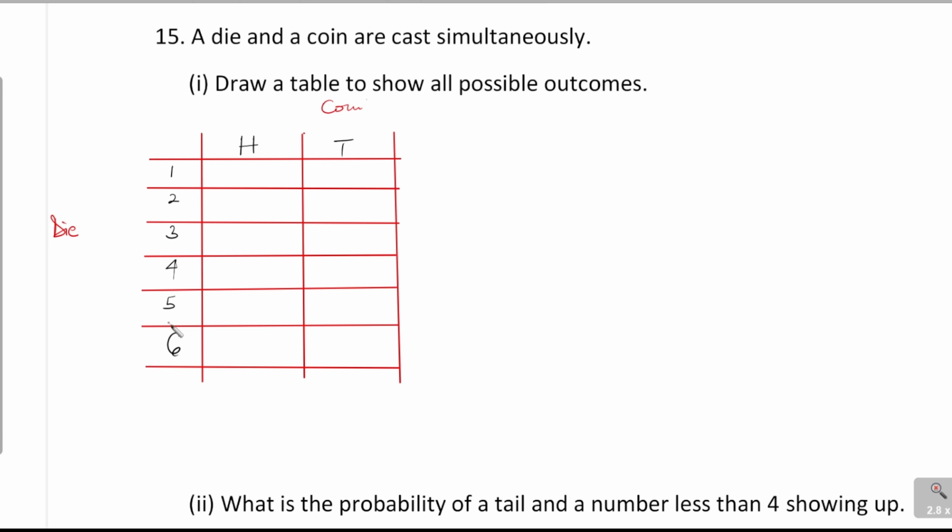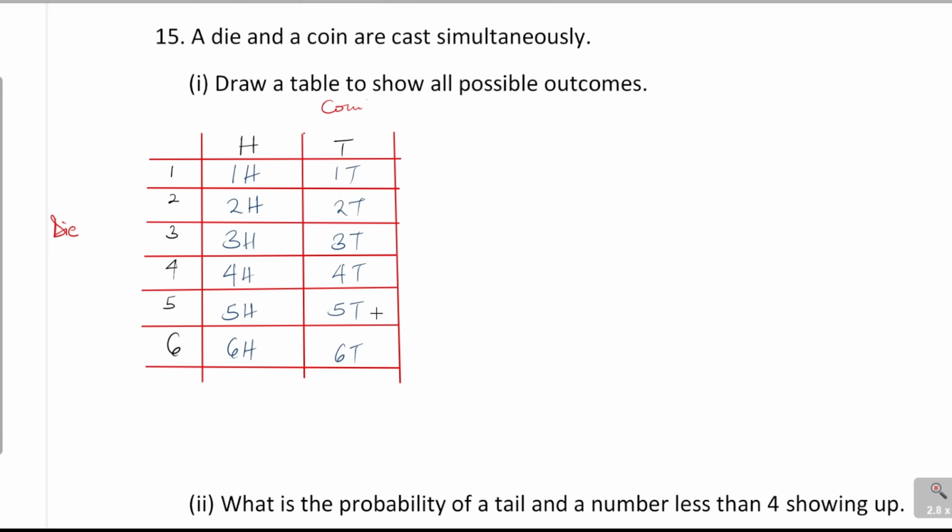So now when they are tossed simultaneously, you have either 1 and a head, 1 and a tail, 2 and a head, 2 and a tail, 3 and a head, 3 and a tail, 4 and a head, 4 and a tail, 5 and a head, 5 and a tail, then 6 and a head, and then 6 and a tail.